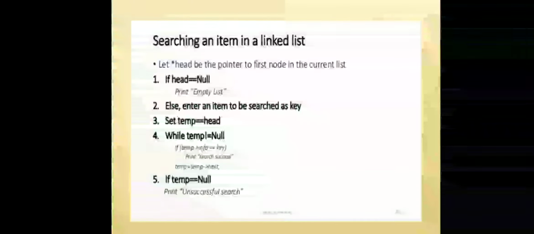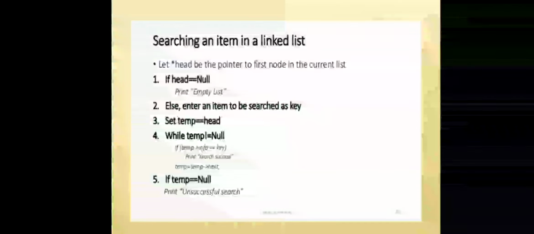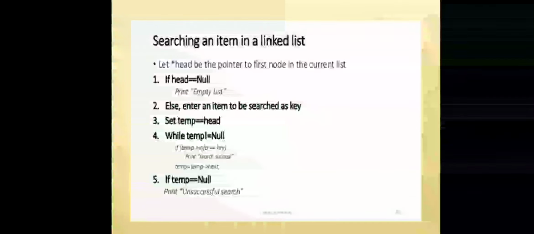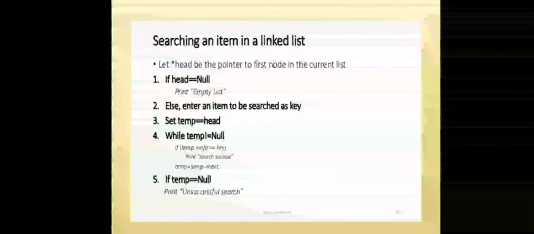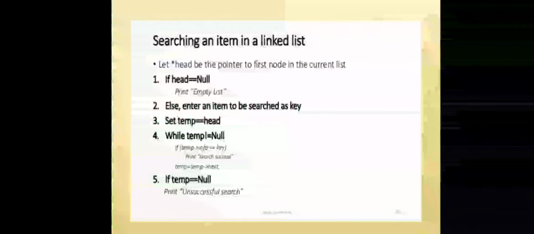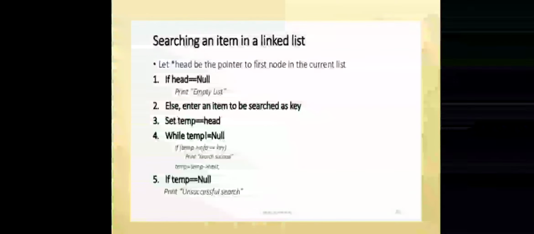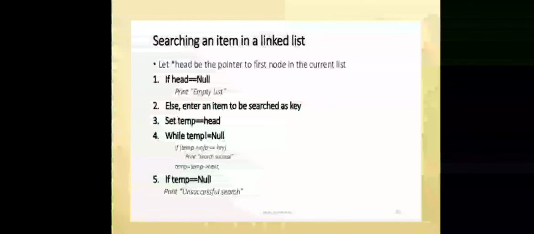Suppose it is not empty, then we have to set temp equal to head. While temp is not equal to null, if temp of information is equal to the key, then print search success; otherwise temp is the temp of next. If temp is equal to null, then it prints unsuccessful search.